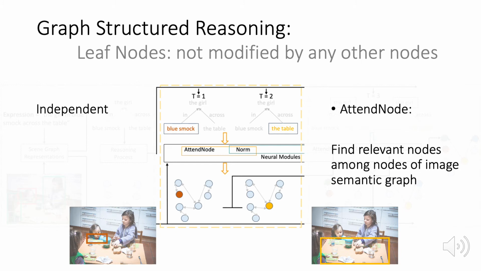For each leaf node in the graph, we independently find its relevant nodes among the nodes of the image's semantic graph using the attend node module. For the example, for the leaf nodes of the blue smoke and the table, we directly find their corresponding visual regions.